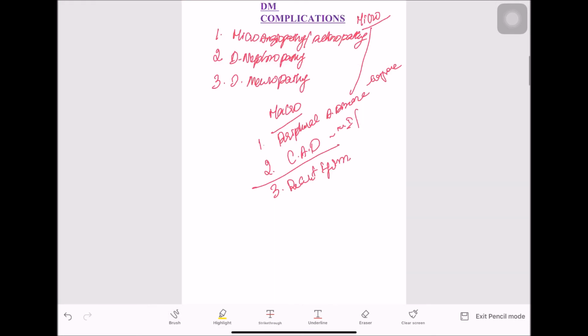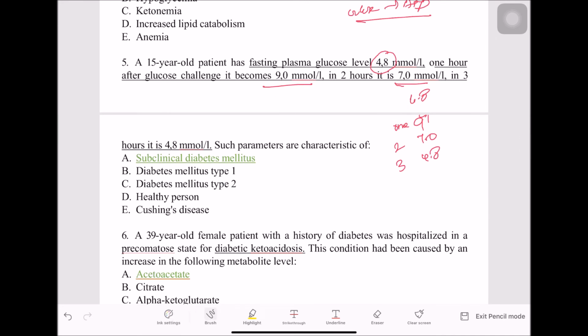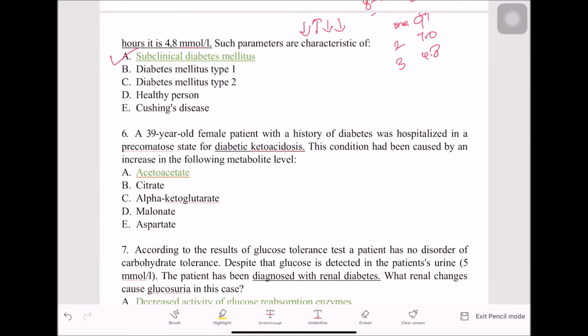In the question, the fasting glucose was 4.8, slightly in the range of pre-diabetic. After 2 hours it was 7.0, so that is pre-diabetic or subclinical diabetes mellitus. So you can check, as I explained, pre-diabetic is subclinical diabetes mellitus.